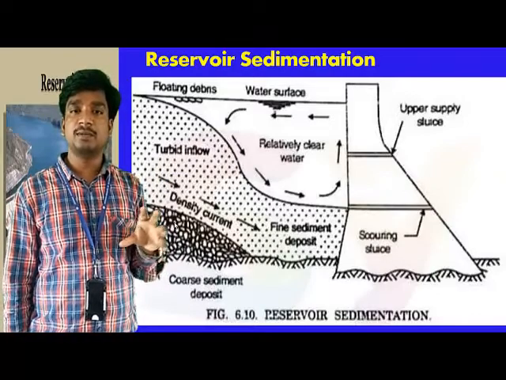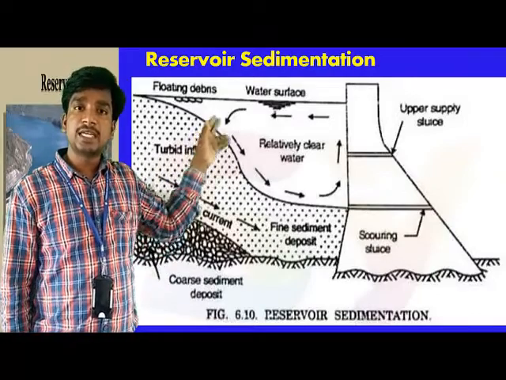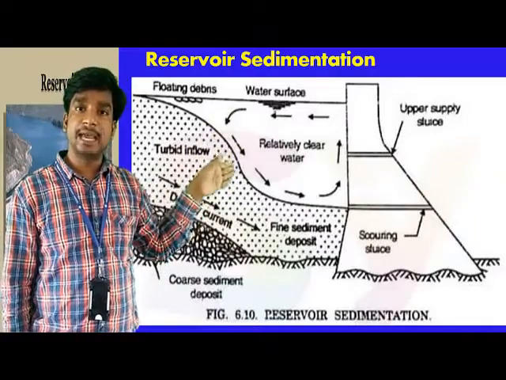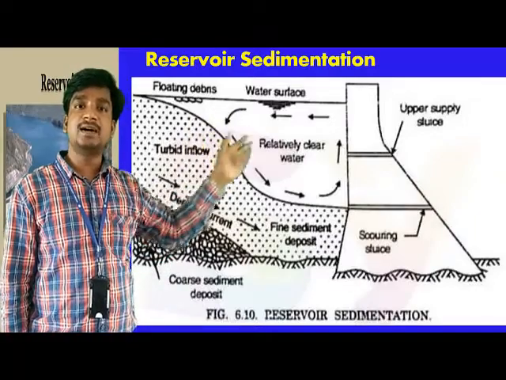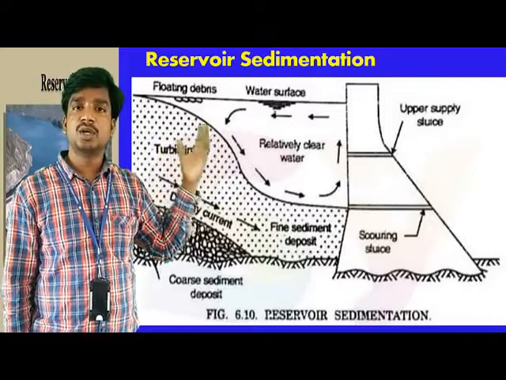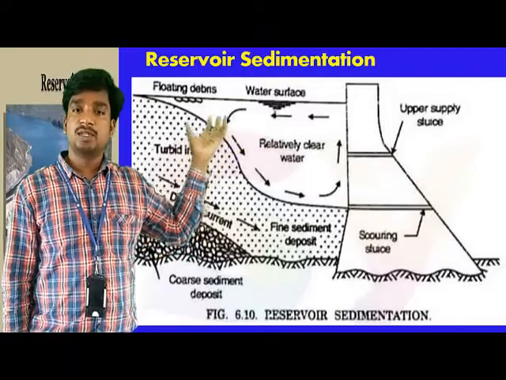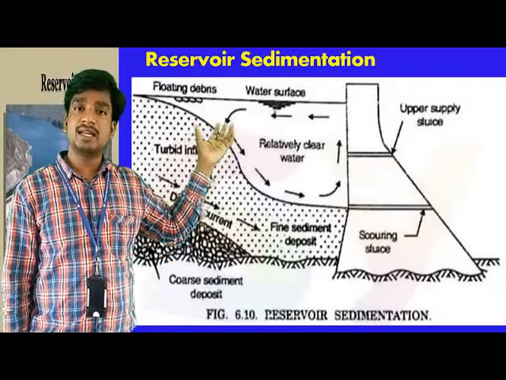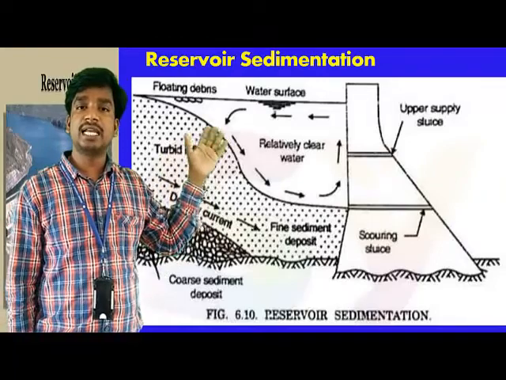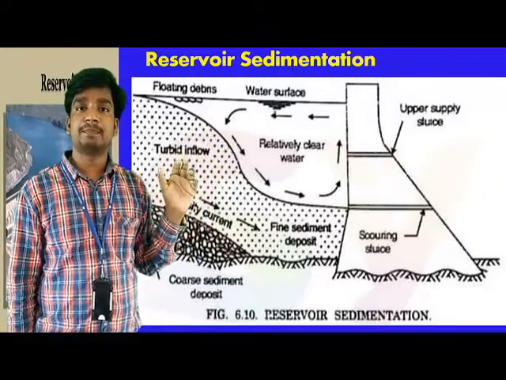In the similar fashion, you can see in the upper part of the picture near the dam site, near the dam, what happens? You can see a relatively clear amount of water, because whatever the debris or particles are there, they are settled down. So relatively you will find clear water near the dam.